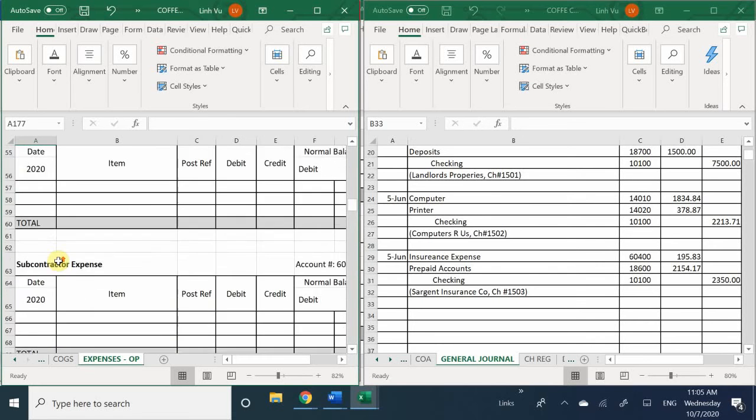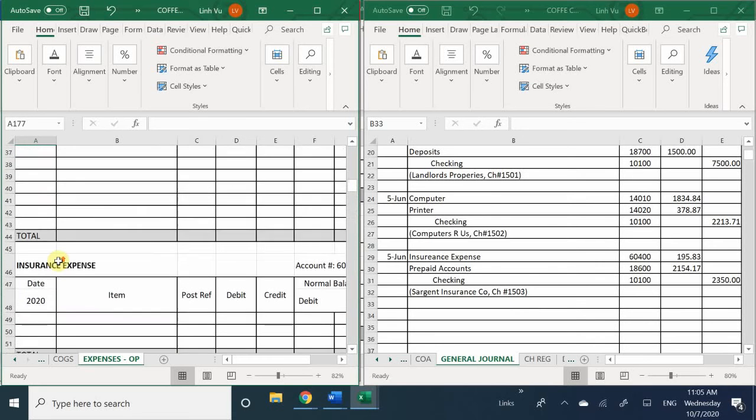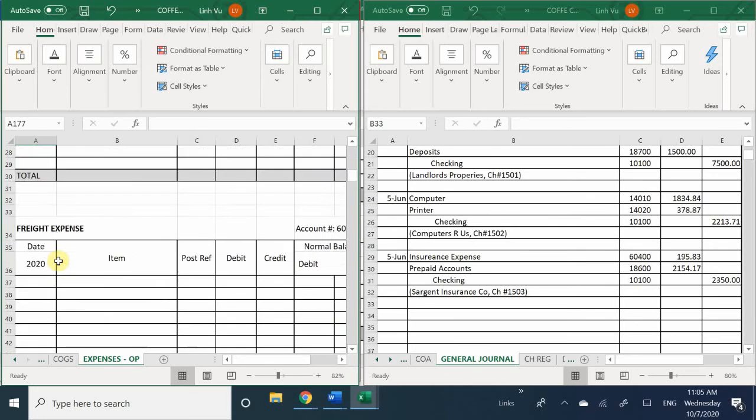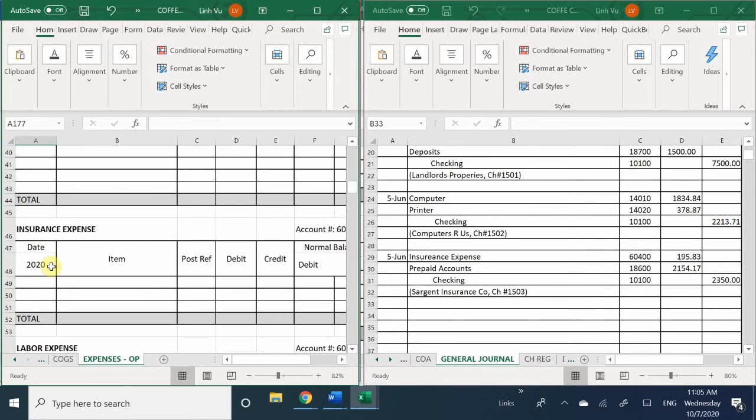So I is all the way up here. Insurance. Oh, I missed it. Insurance expense. Okay.